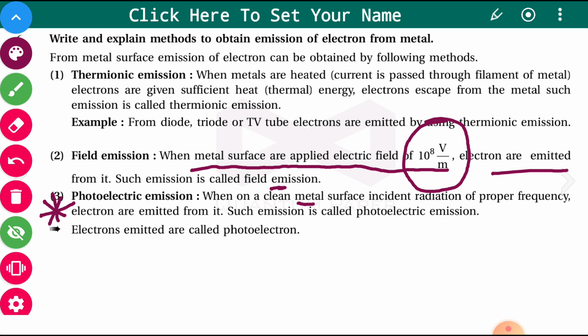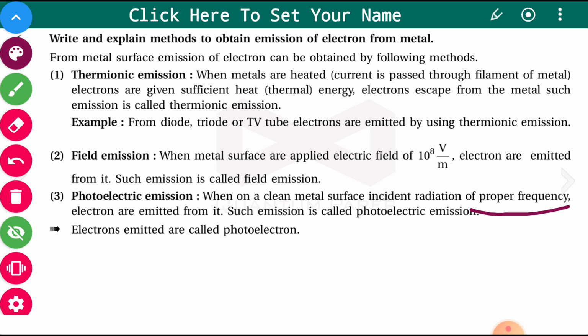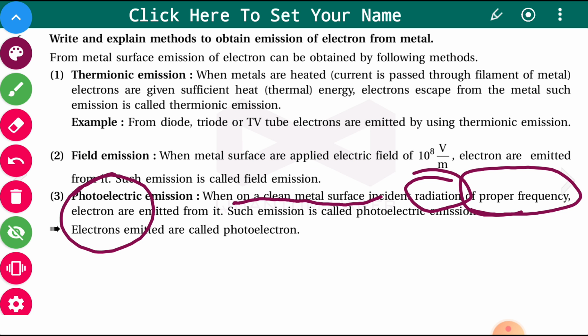When radiation of proper frequency is incident on a clean metal surface, electrons are emitted from the surface.